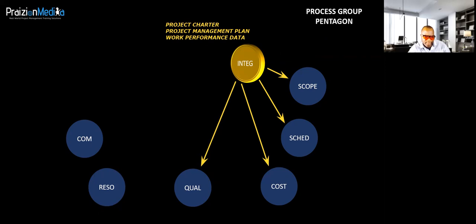Same thing. Resource management, see the project charter being used in plan resource management and everything else. Project management plan being used as an input to all those processes. And then you see work performance data going into control resources. Same thing with communications. You see the same relationship.